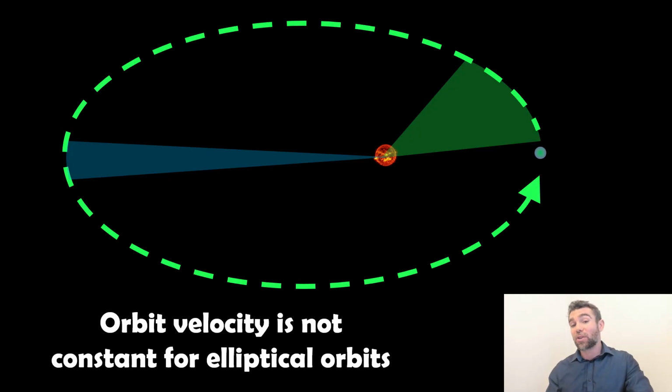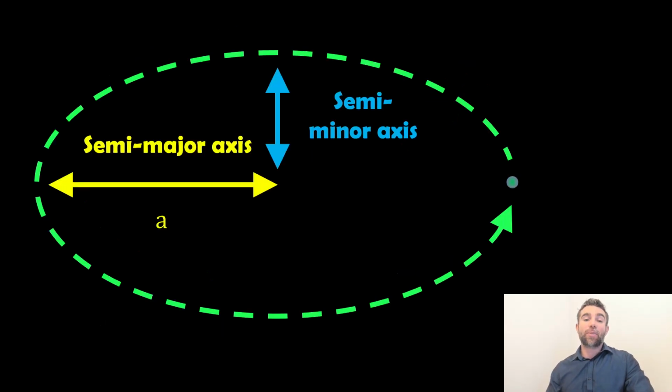This is one of Kepler's laws for planetary motion. They always sweep out the same internal area as they go around. So when it's closer, it has to sweep out the same area as it does further away, so it has to travel further in the same amount of time, so we get a faster orbital velocity than we do further away. So it's not quite so straightforward to find that orbital velocity when it's elliptical.